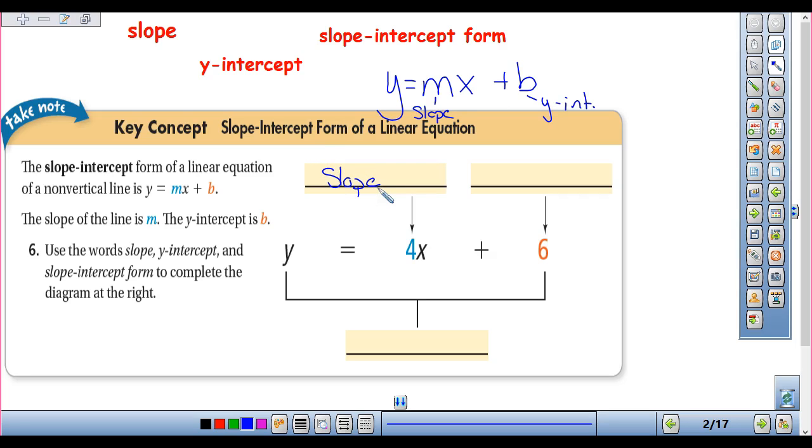My 6 stands for my y-intercept. And the whole thing, y equals 4x plus 6, is my slope-intercept form.